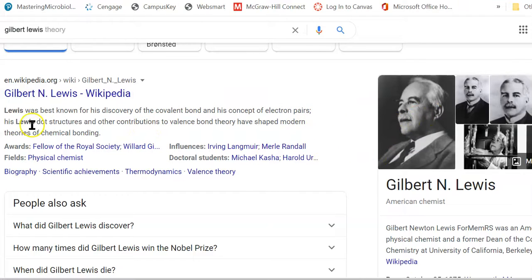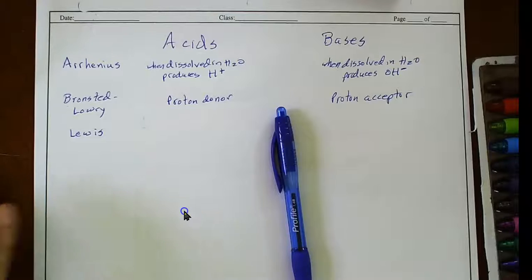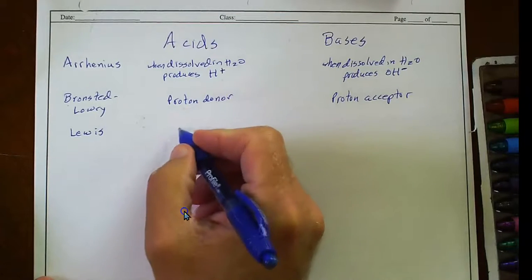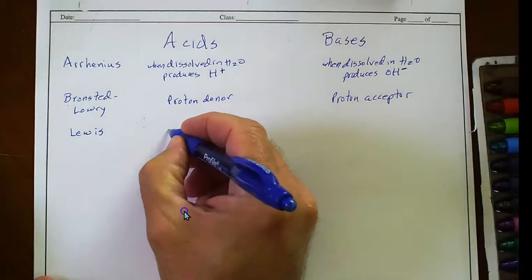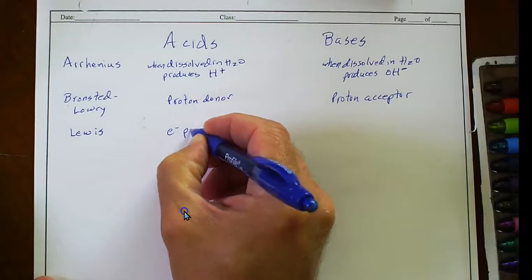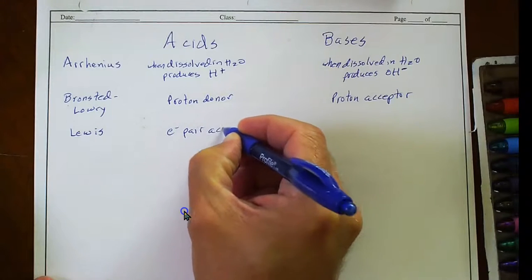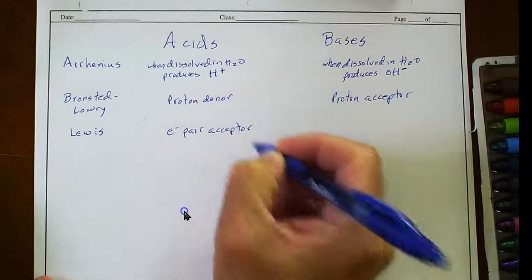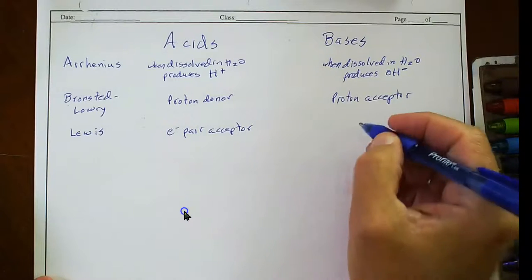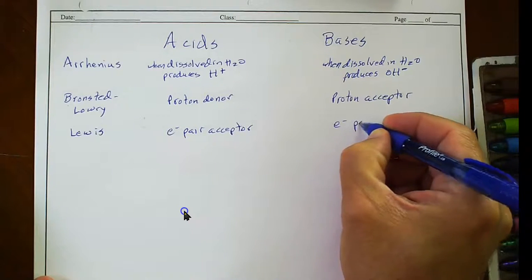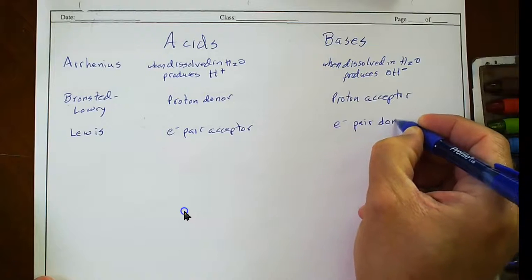You know him because of Lewis dot structures, electron dot diagrams is what they're called sometimes. So now Lewis was all about the electrons and pairs of electrons. So he described an acid as something that will accept a pair of electrons, an electron pair acceptor. And a base is an electron pair donor.